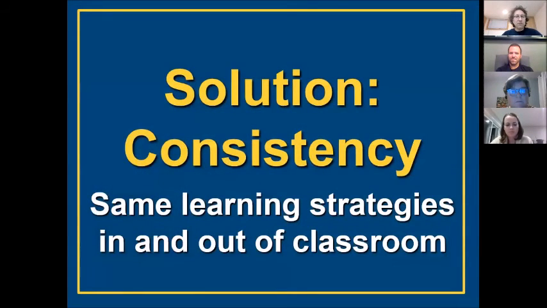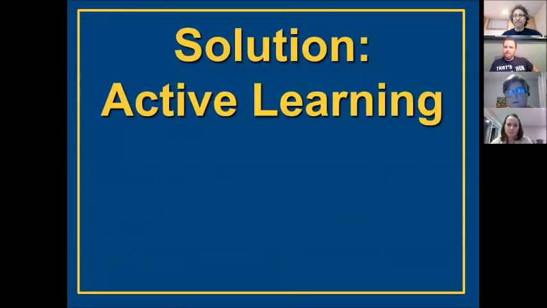So another important piece of the solution to this group work puzzle is the consistency. We do the exact same thing inside of class as outside of class. And so the students become very used to the routine. And the most important reason why all of this works is because it's based in active learning.